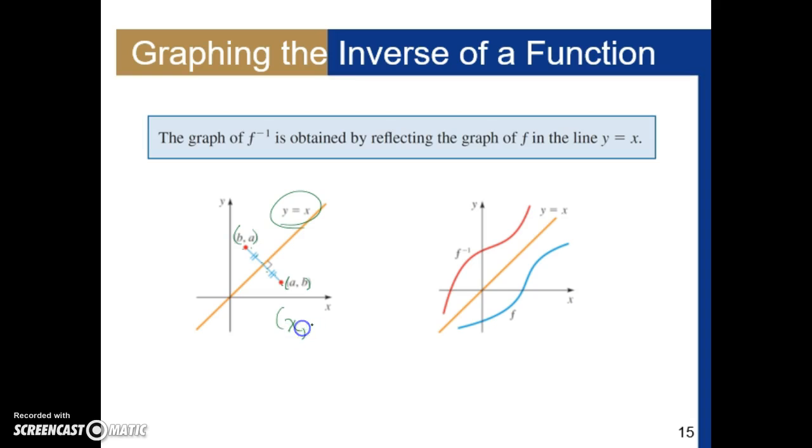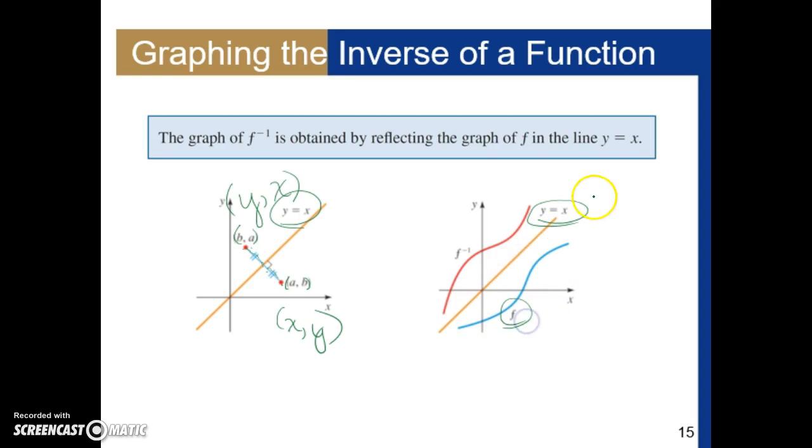If this is xy, when I reflect that point perpendicularly over the line y equals x, I'm definitely going to wind up at the point yx. So the graphs of a function and its inverse are going to be pictures of one another, perfectly reflected over the line y equals x.